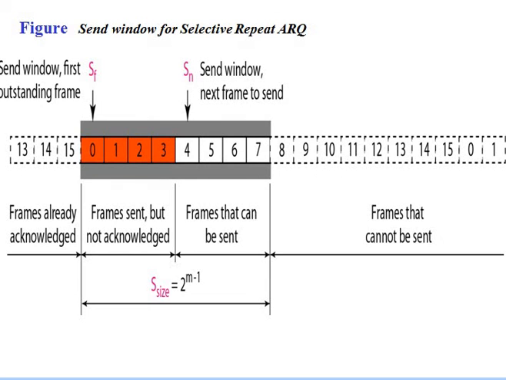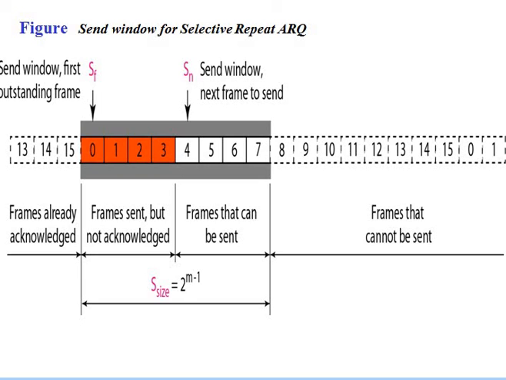In this diagram, the same window for Selective Repeat ARQ is shown. The window has maximum size 2 raised to m minus 1, where m is equal to 4. Sequence numbers go from 0 to 15. The first region is frames already sent and acknowledged.